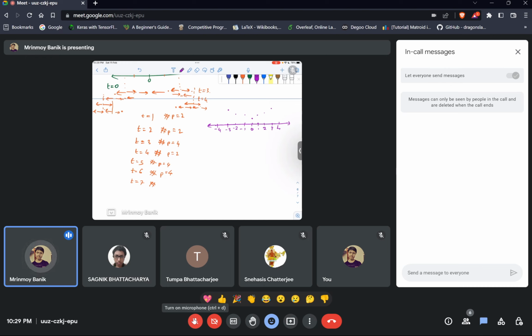So they have asked for the number of particles at 2 power 11 plus 1. I kind of suspect that number should be 2. Let's see.